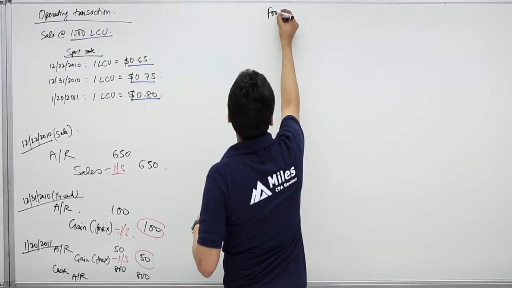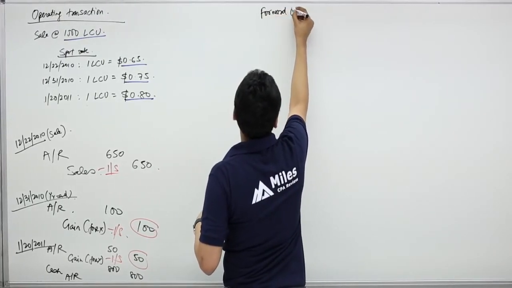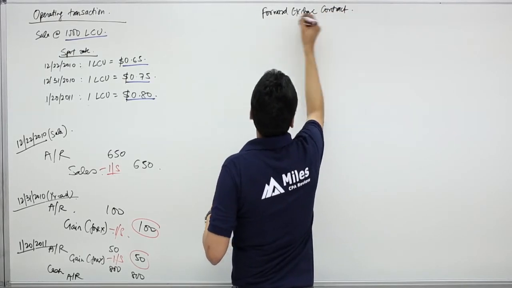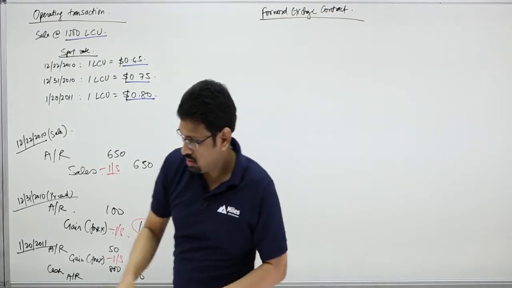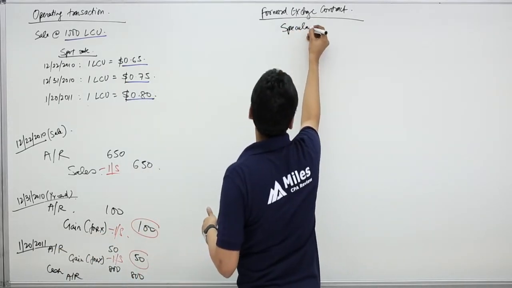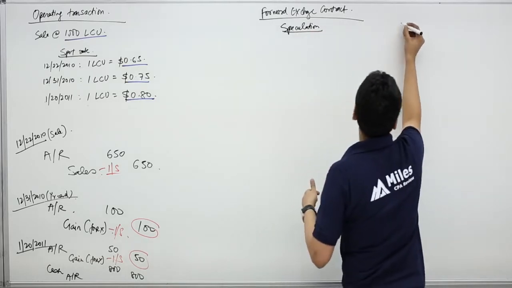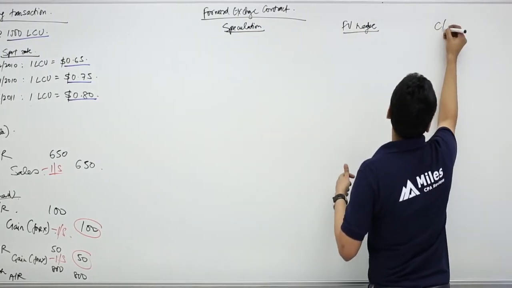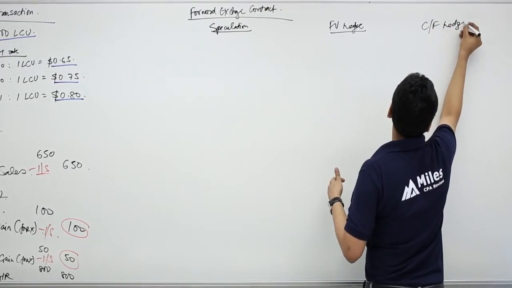We're looking at a forward exchange transaction. Purpose could be speculation or a fair value hedge or a cash flow hedge.